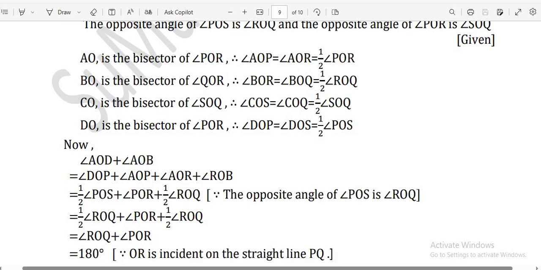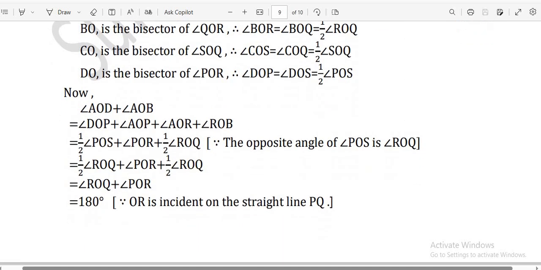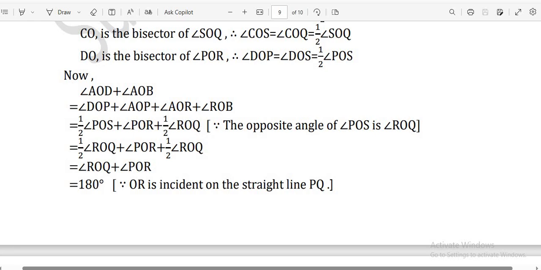Adding the halves, the sum is angle ROQ plus angle POS, which is equal to 180 degrees. Therefore OR is incident on the straight line PQ.